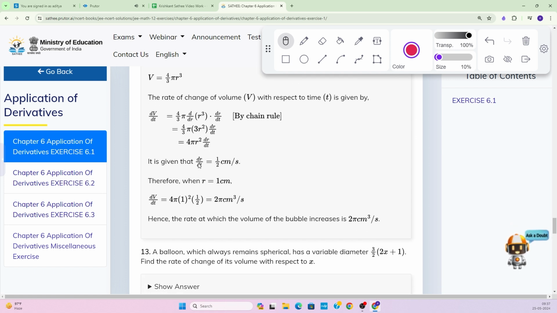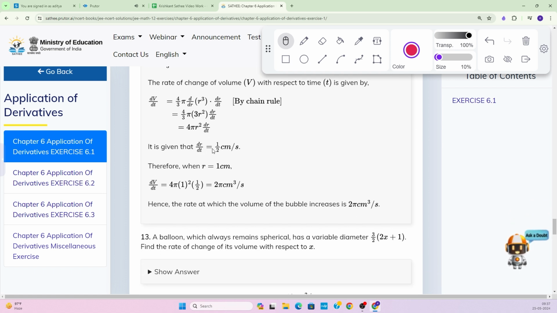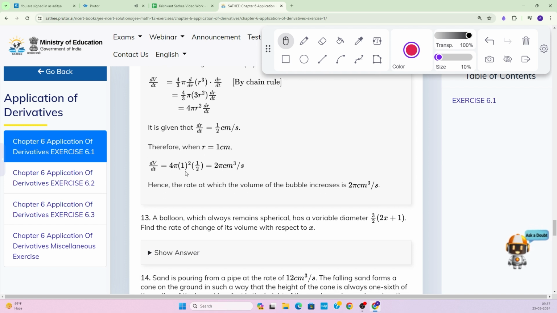Now dr by dt is given as half, so this means 2 pi r square. When r is equal to 1, then applying the value, it will be just 2 pi. So as you can see, your volume will increase at this rate. Every second it increases at 2 pi centimeter cube.